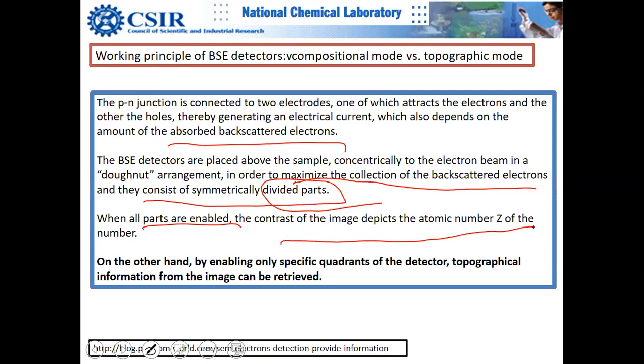And if you enable specific quadrants, since it is split into quadrants 1, 2, 3, 4, then you can isolate topographical information from the images. I hope it is clear.